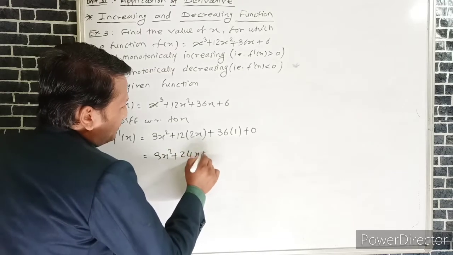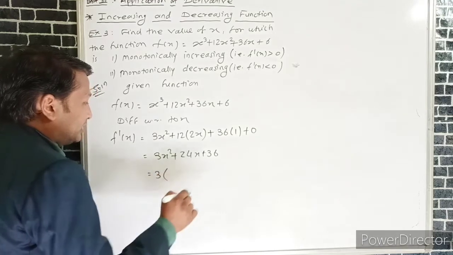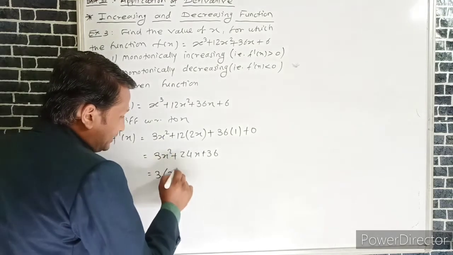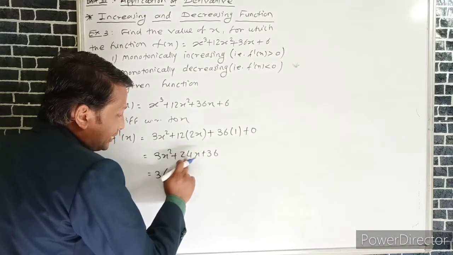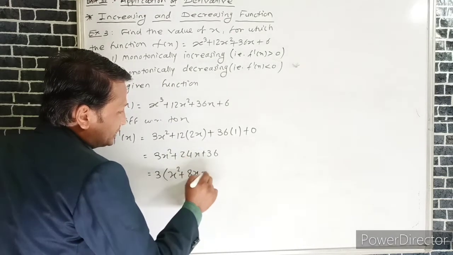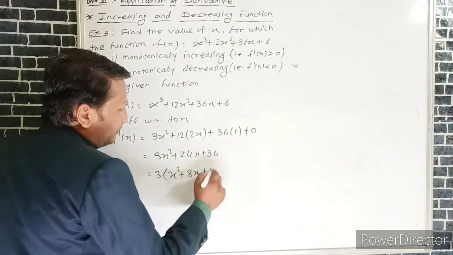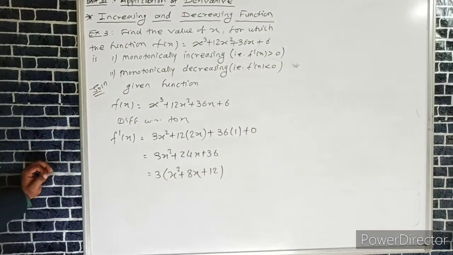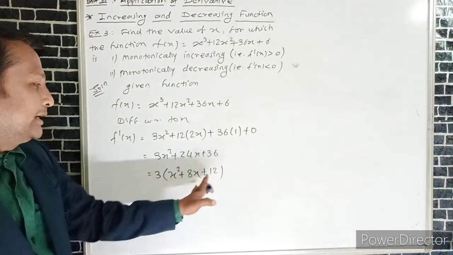So we can write 3x square plus 12 into 2, that is 24x, plus 36. If we take 3 common from the 3 terms, we can write x square plus 8x, since 24 is 8 into 3, plus 12, since 36 is 12 into 3. Now we have to factorize x square plus 8x plus 12.